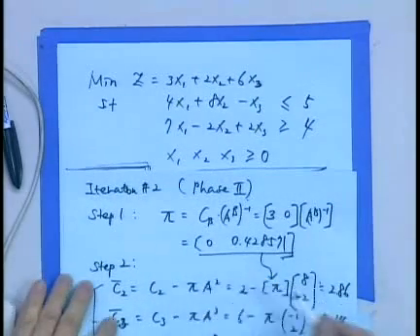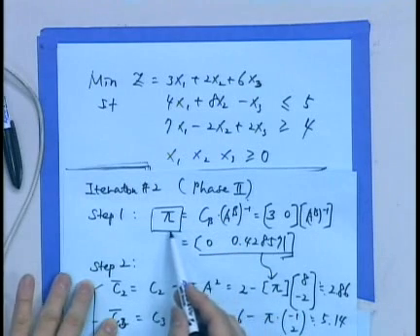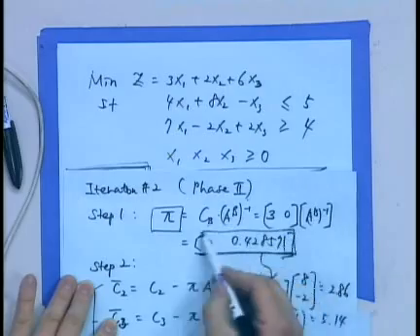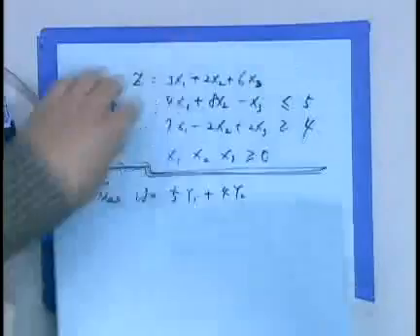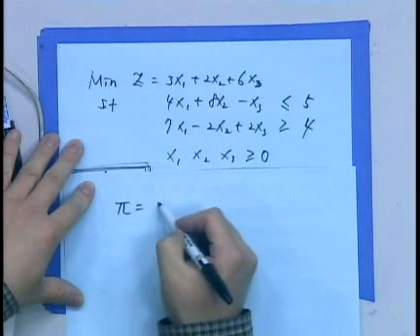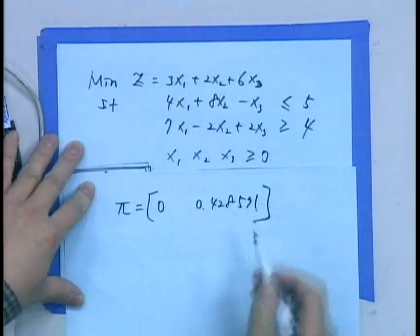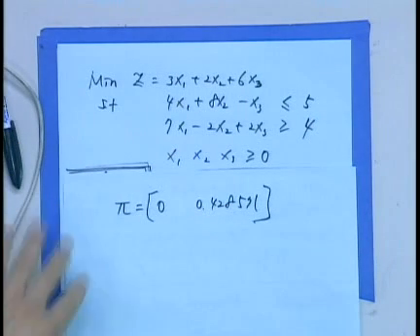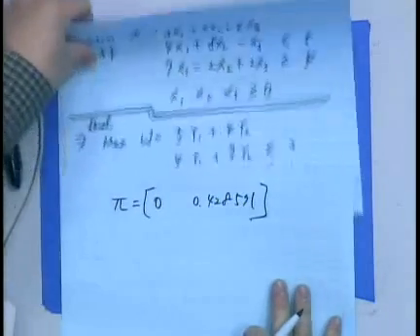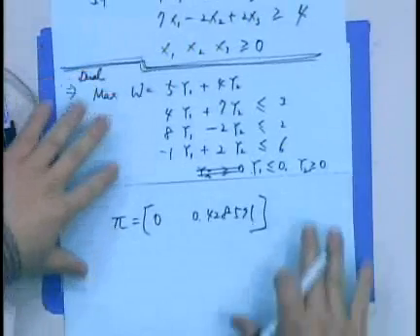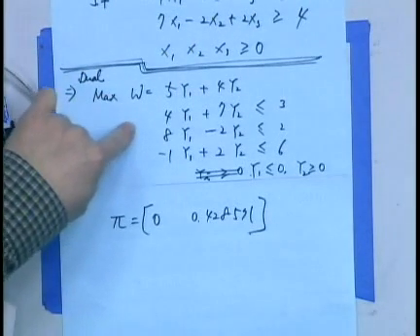If you look at the pi values, in the last iteration, pi is this, right? The pi value is 0.428571, right? What does it mean? This pi value provides the optimal solution in the other problem, which is the dual problem, right?